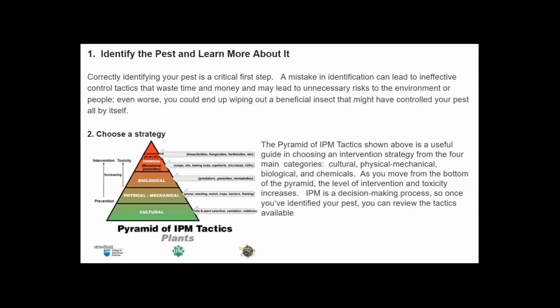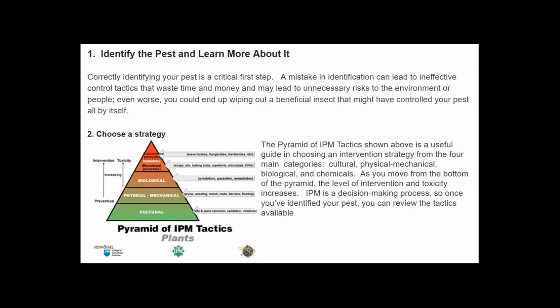And even worse, you could end up wiping out beneficial insects that might control your pest all by itself. So you have to know the pest that's causing the problem, and then choose a strategy. The pyramid of IPM tactics is a useful guide for choosing an intervention strategy.